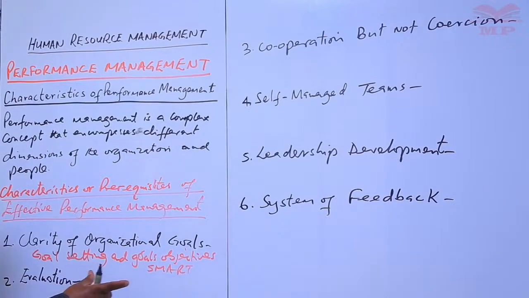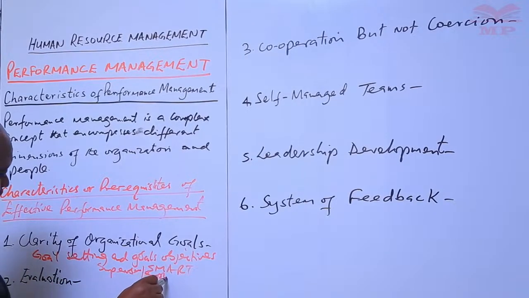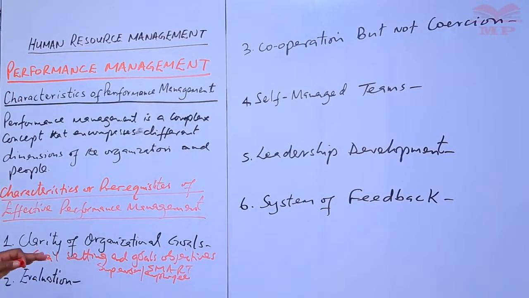Once this is done and there is an agreement between supervisor and employee, then they say in strategy that what gets measured gets done. If both parties are clear in terms of what is supposed to be achieved and strived for, then the performance management process can be effective.